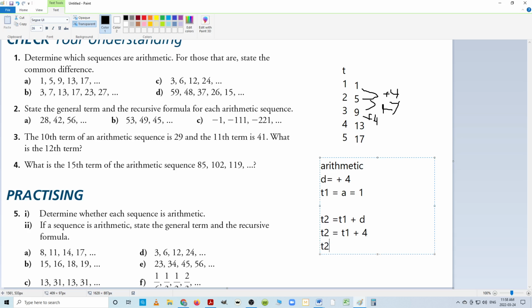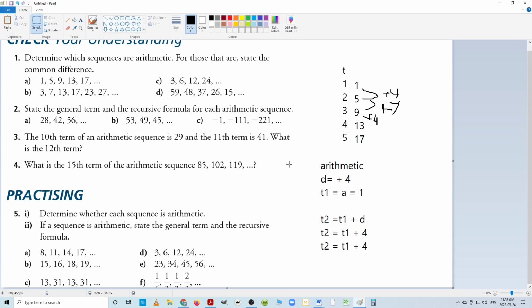Oh yeah, this is the recursive. Term 1 is, you can also write it as that. But I think they just want it with the blank where you fill in the difference. I don't think they want you to fill in the term 1. I'm going to get back to that.